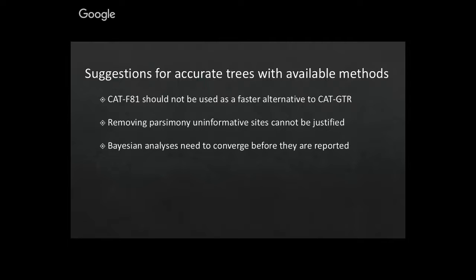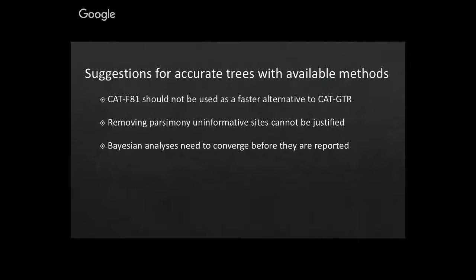One of the things that people have started doing to, I guess, help with the computational demands of the CAT models is removing constant sites, or worse, parsimony uninformative sites. Parsimony uninformative sites are informative with model-based phylogenetic inference.